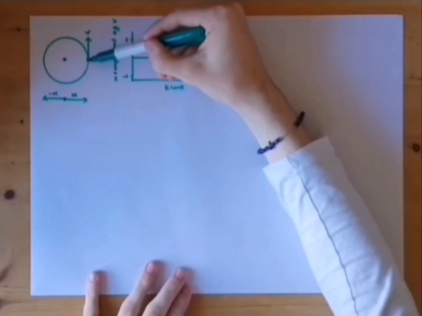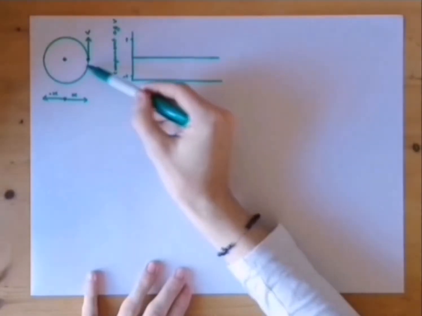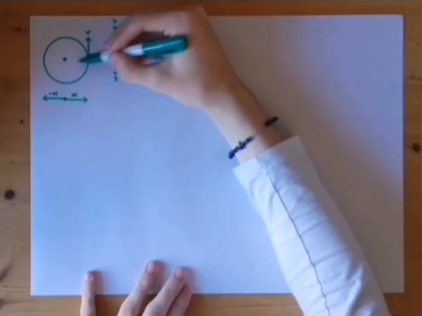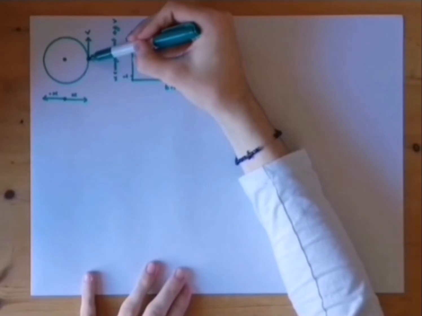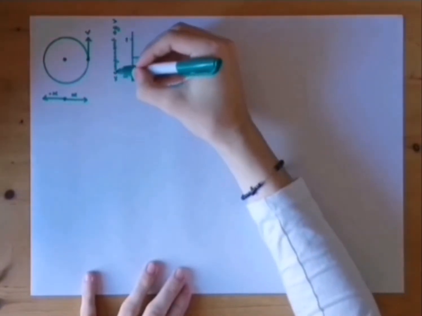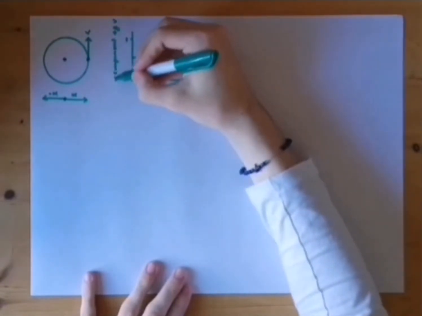At this point, all the velocity is acting up, which we are ignoring, and none is acting either left or right. Therefore, the amount of the x component is 0. We will plot this point at time t equals 0, and x velocity also equals 0.